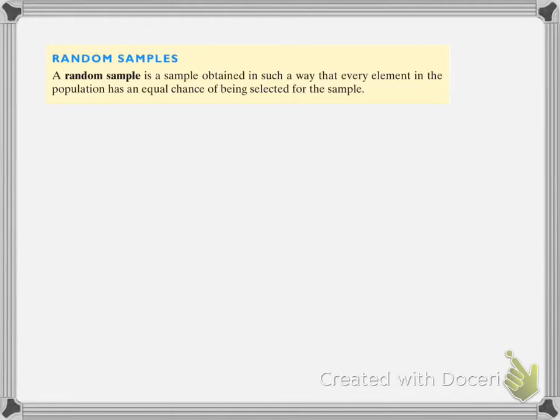A random sample is a sample obtained in such a way that every element in the population has an equal chance of being selected for the sample. Random samples are often used so that there's not a bias in who we're picking for our statistical study. You'll find in the media that a lot of statistics are done with a lot of bias and used to deceive people or to promote a certain side of an argument, and there's not good representative or random sampling being done.